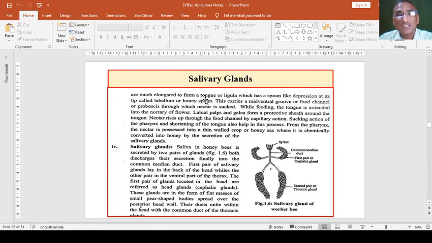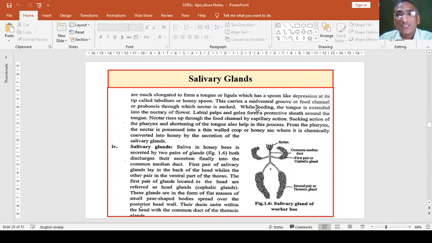Of them, the tongue is quite large, or we can call it a ligula, which works as a tongue. Therefore, it is called ligula, which has a spoon-like depression, and is generally called labellum or honey spoon. We have seen in the previous figure.